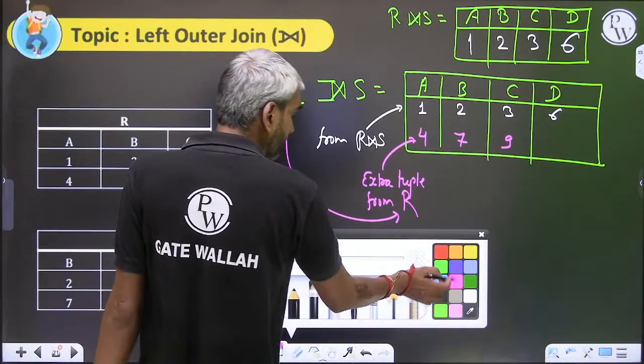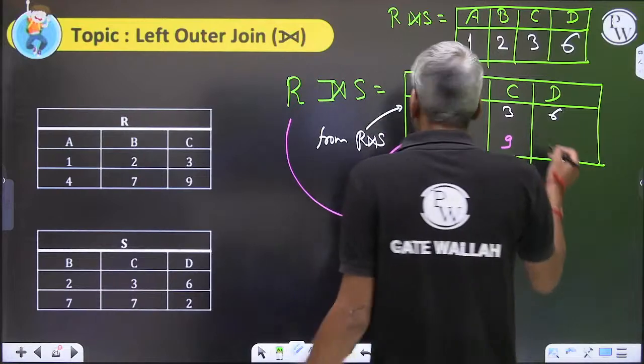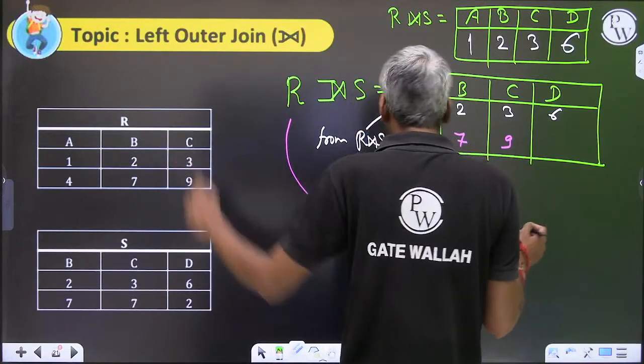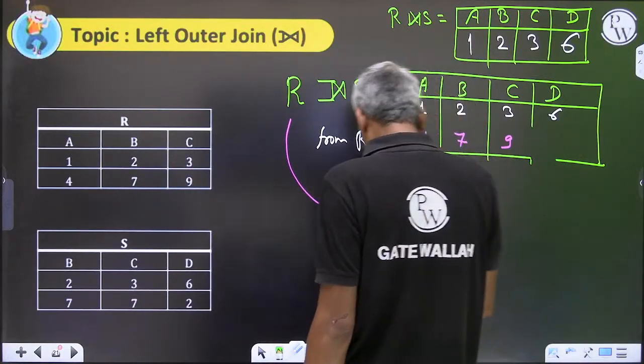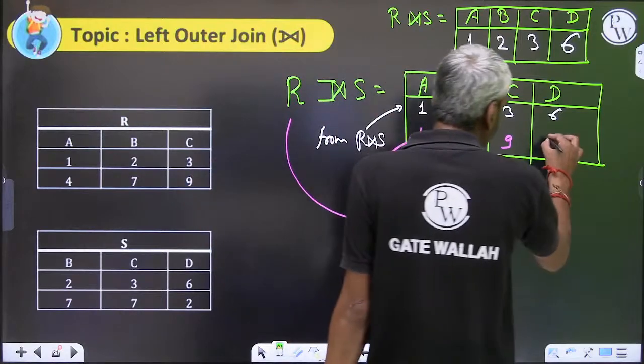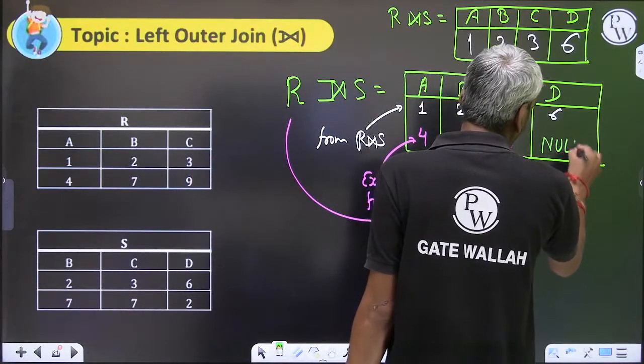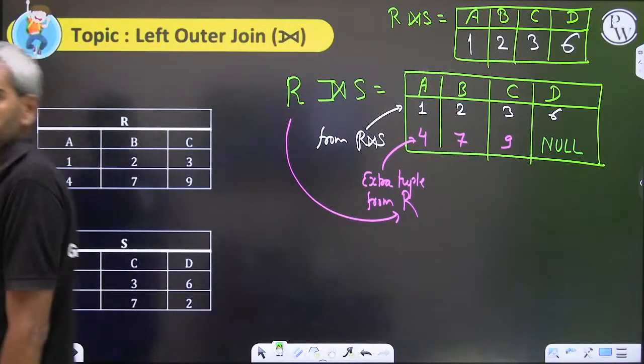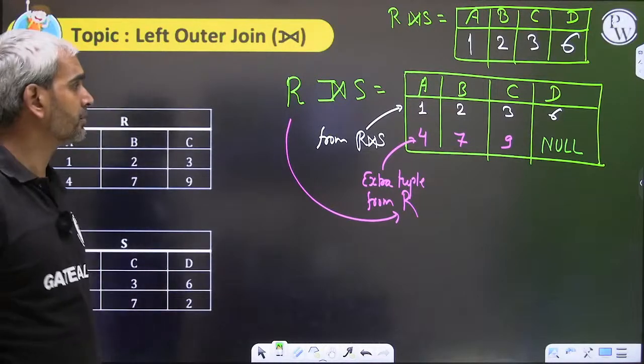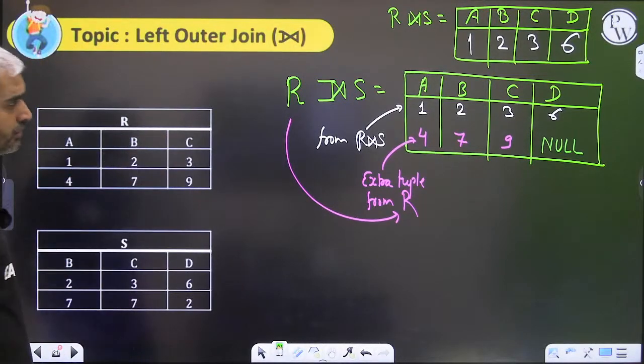But now you'll ask, sir, what will happen with the D value? There is no attribute D in relation R, and we are taking the tuples from relation R. Therefore, this value is guaranteed to be null. So that's your R left outer join S.